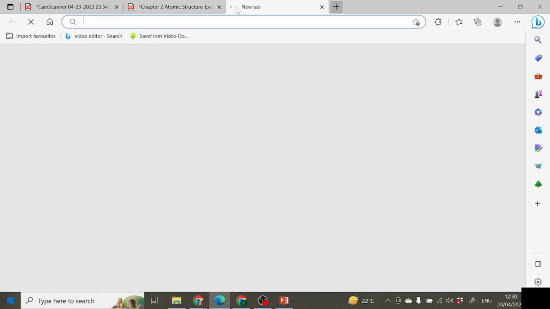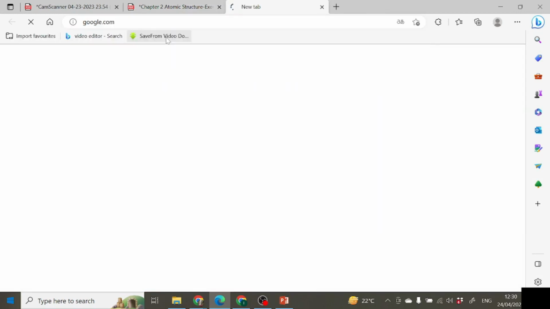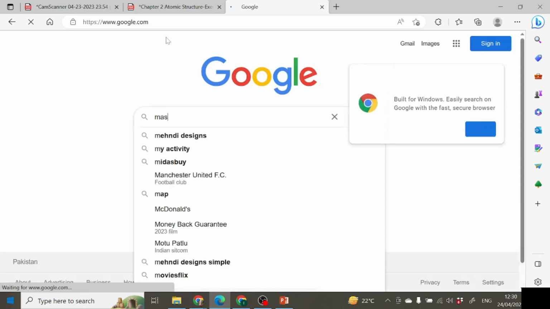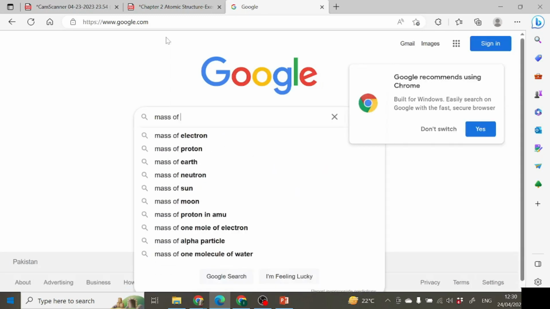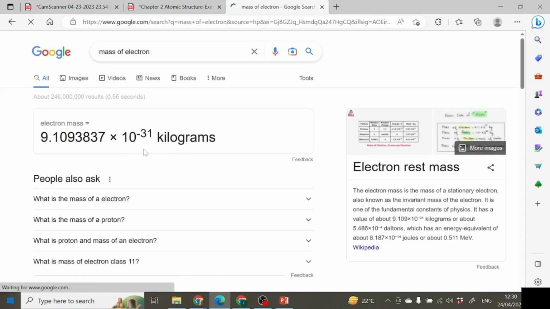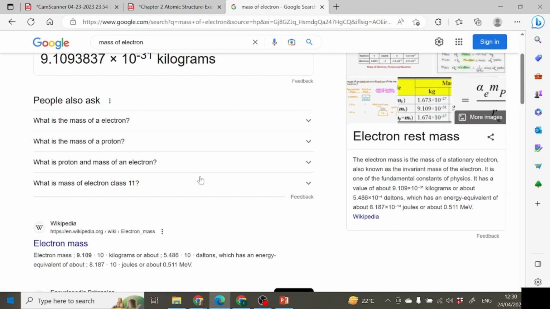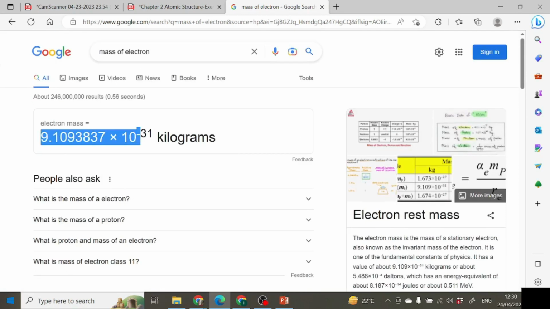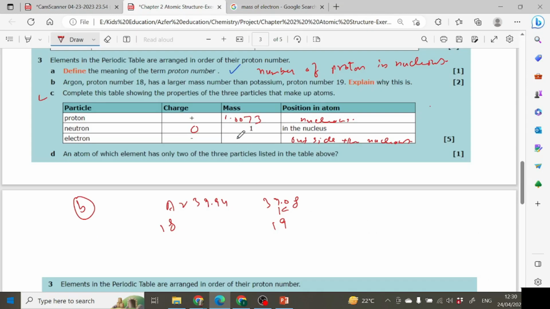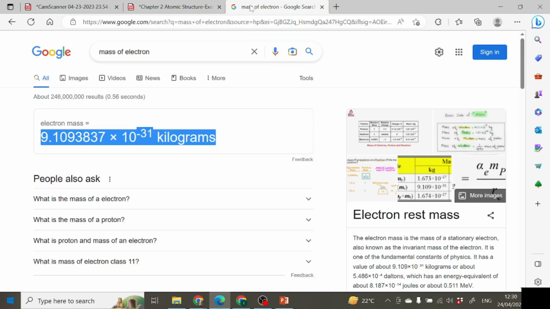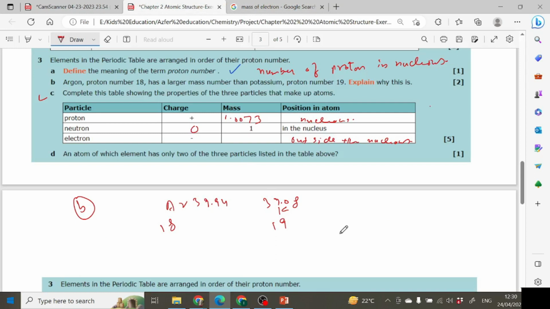And the mass can be determined here from Google. Mass of electron, here it is in kilogram: 9.1 times 10 to the power minus 31 kilogram.